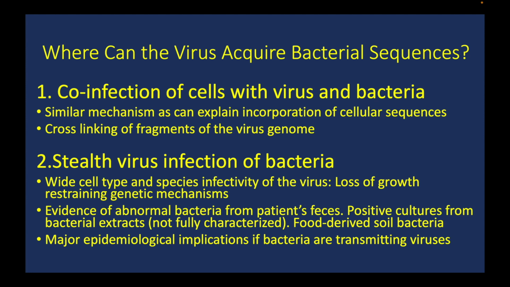A very wide range of host susceptibility, which is not a characteristic of most viruses that are restricted, but they're restricted because they have restraining genetic mechanisms that may be lost in these stealth-adapted viruses. So it's not unreasonable that they could even extend their ability to be infectious within bacteria.